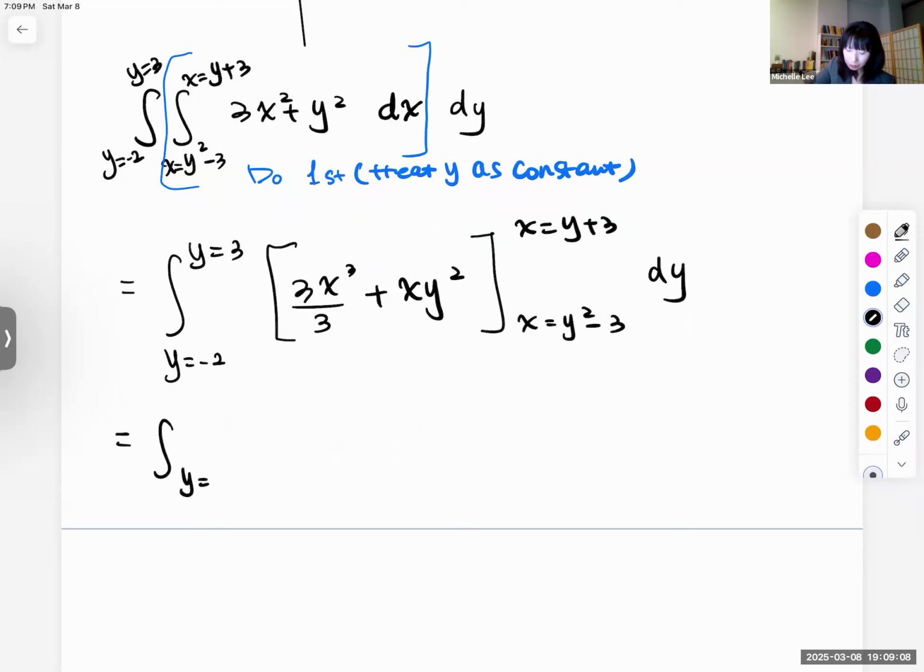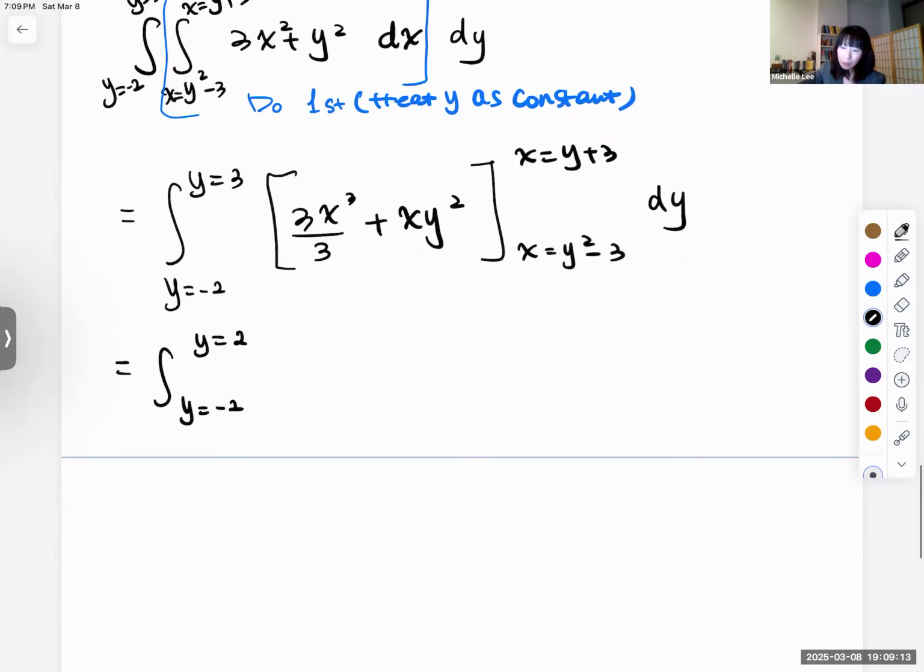Now let's substitute. So we have x cubed plus xy squared.